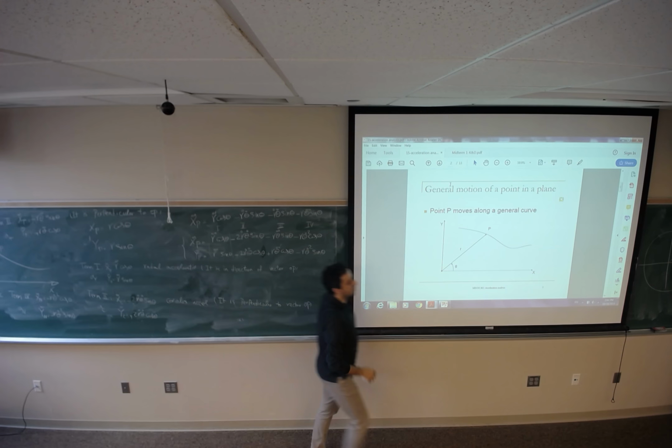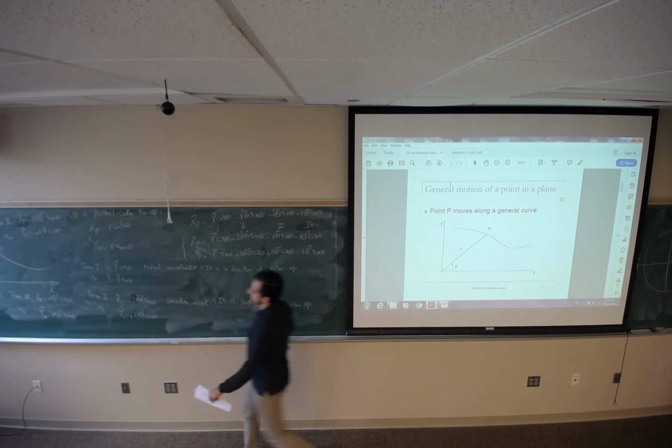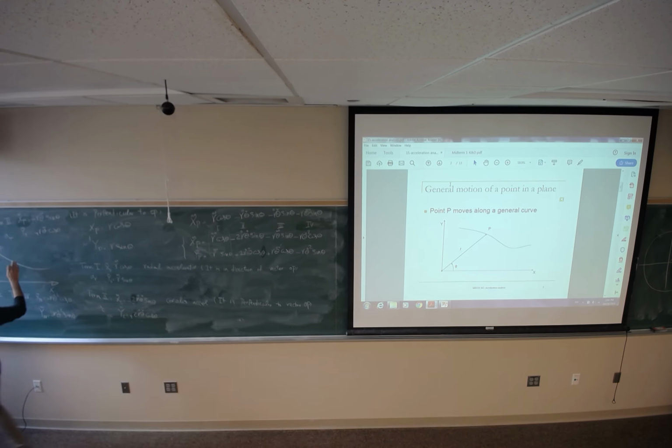We only have normal acceleration. If you sit at the location of P and it's rotating at a constant speed, you will feel some force pointing to the center, which represents the normal acceleration.